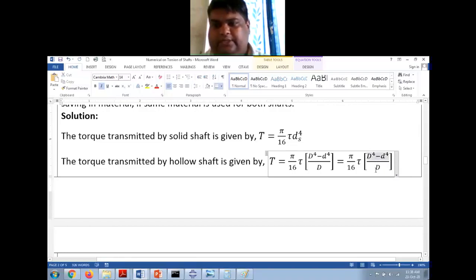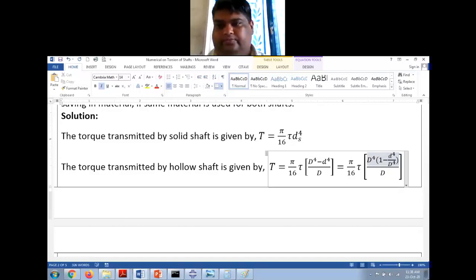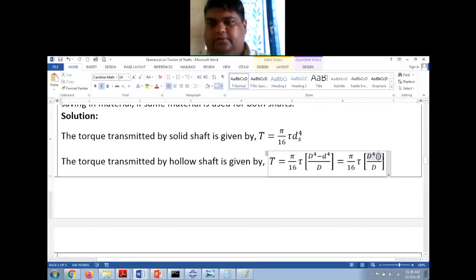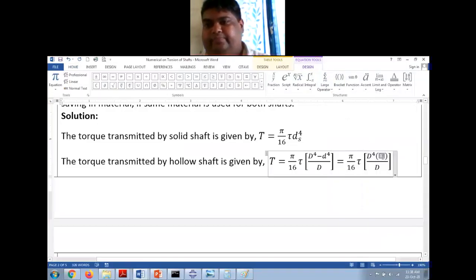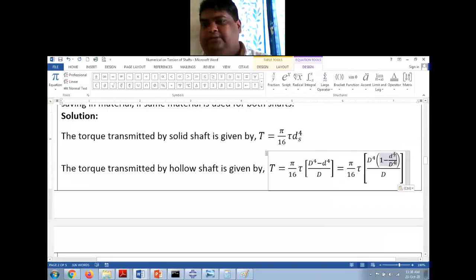So this is D raised to 4, I'm taking common. So it will become 1 minus d raised to 4 by D raised to 4. I will insert a bracket: 1 minus d raised to 4 by D raised to 4. Now this D and 1 D here get cancelled. I'll take this into next line.